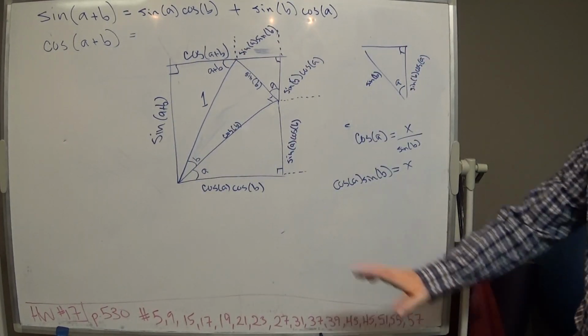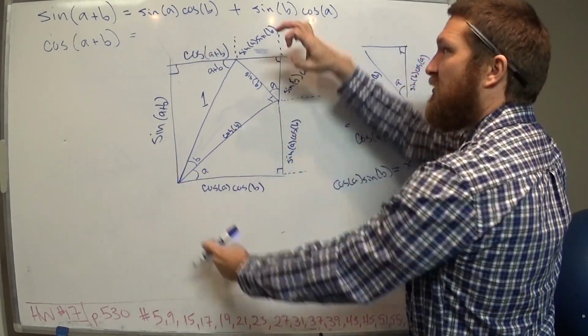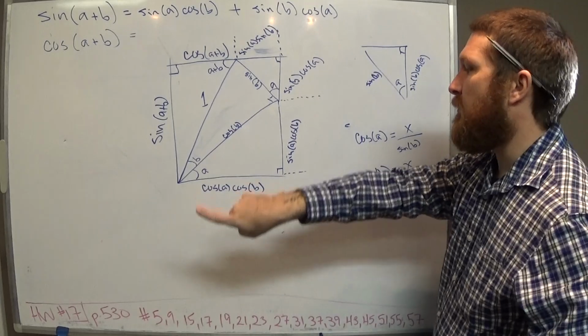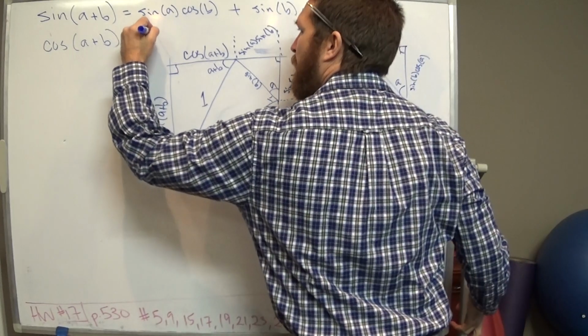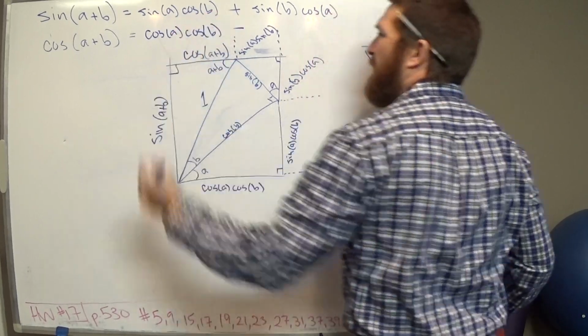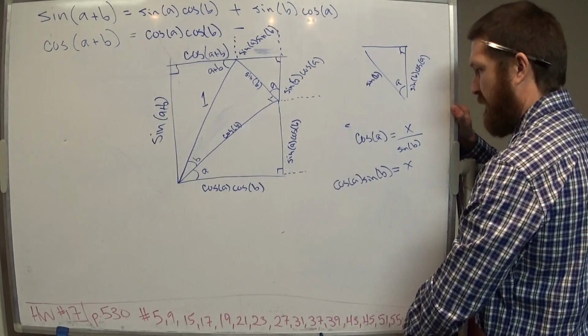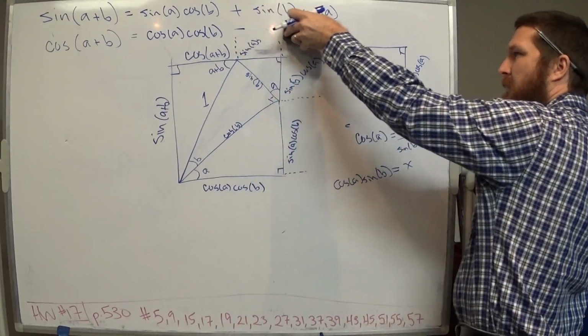And now we said that this length was the big length minus the small length. So that would be cosine A cosine B minus sine A sine B. I'm going to have to erase a little bit here, but we remember how we got it.